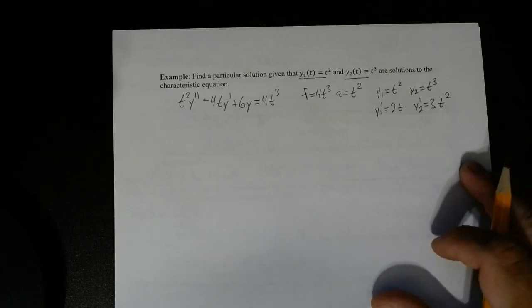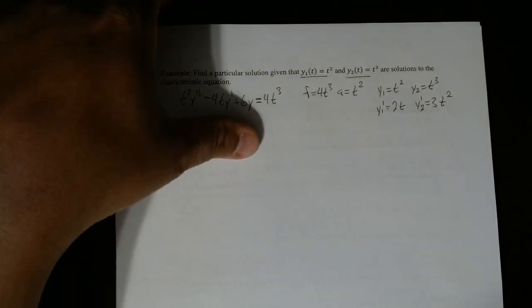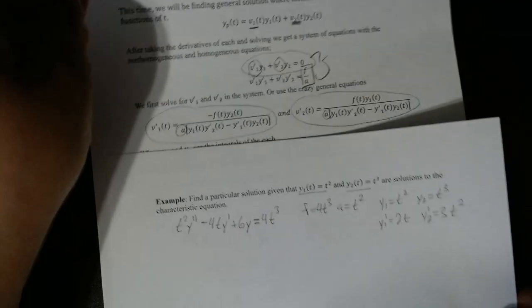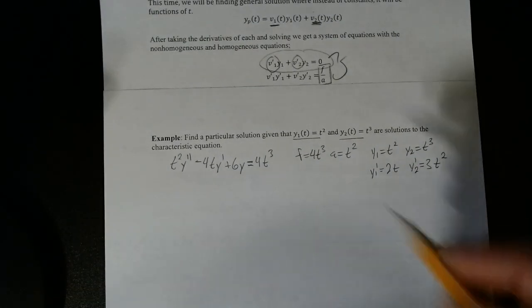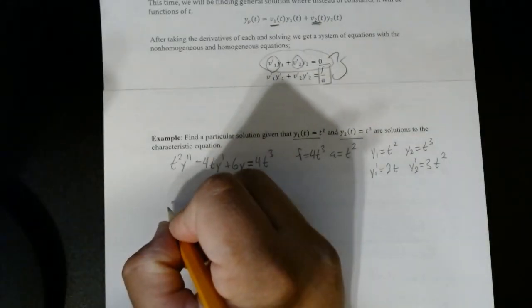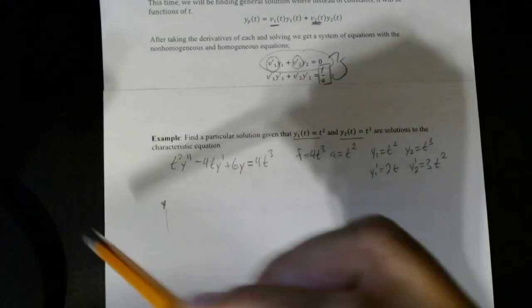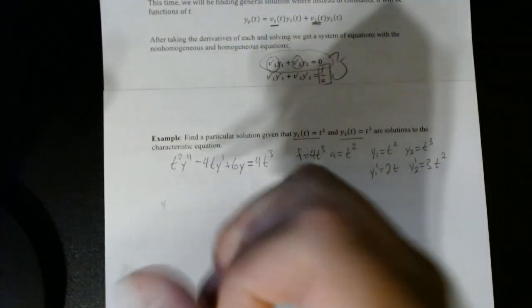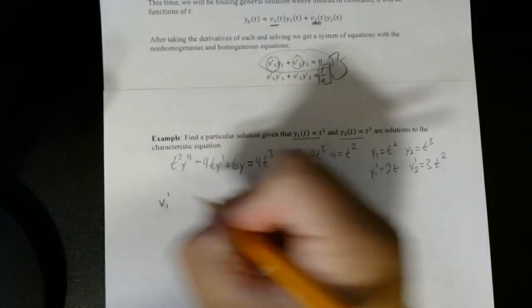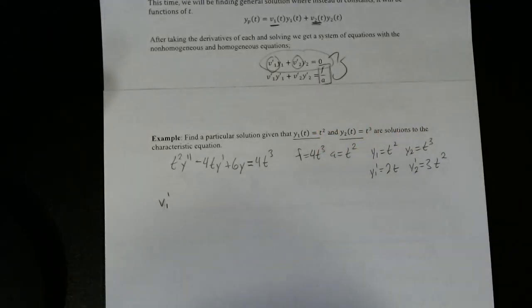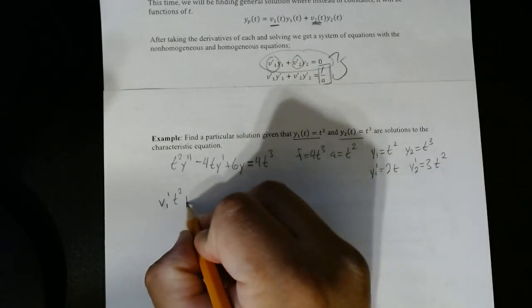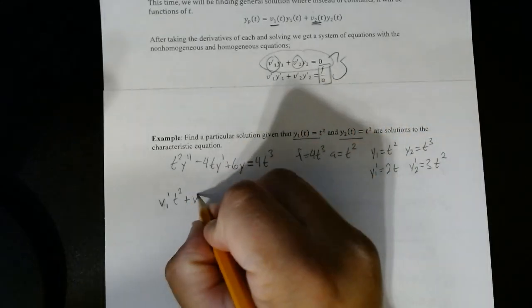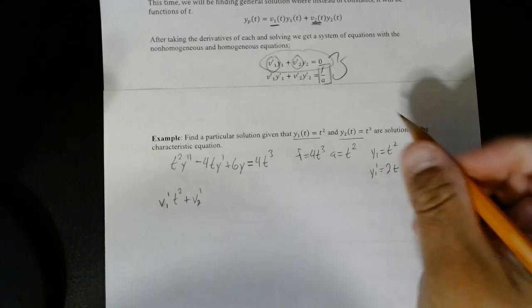Okay, so if we use the system of equations way, this is going to be our template. So v1 prime times y1, so it's going to be t squared, plus v2 prime times y2.